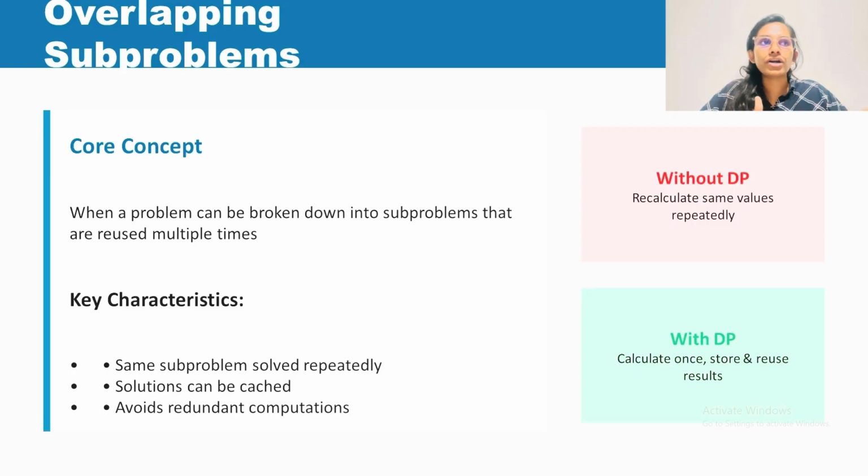Without dynamic programming, we recalculate that shortest path every single time. With dynamic programming, we calculate it once and store the answer. Then every subsequent time we need that information, we just look it up instantly. This difference is staggering. We are talking about the difference between solving a problem in seconds versus hours.